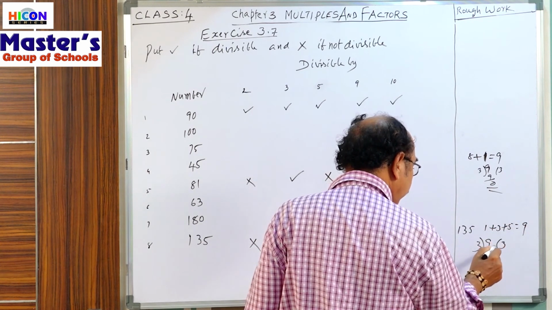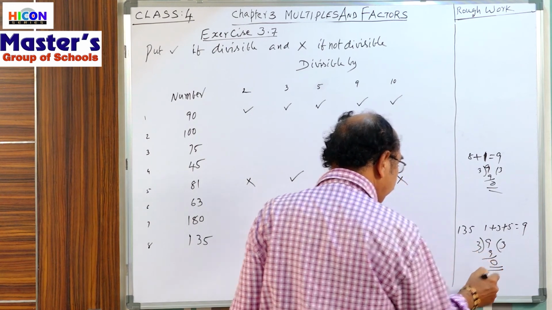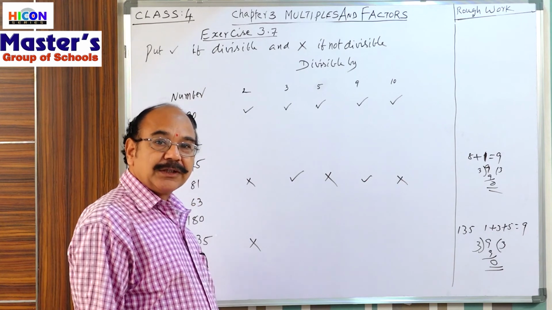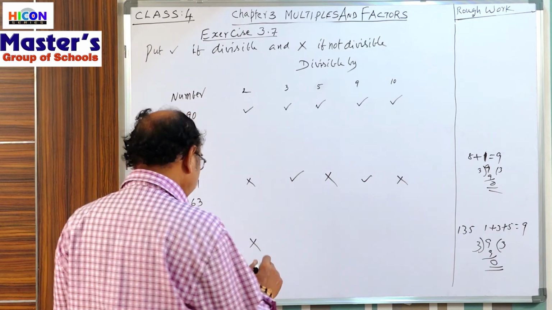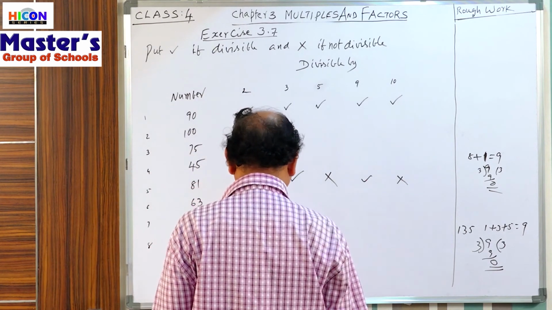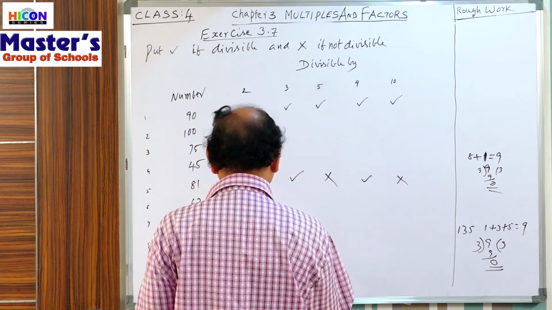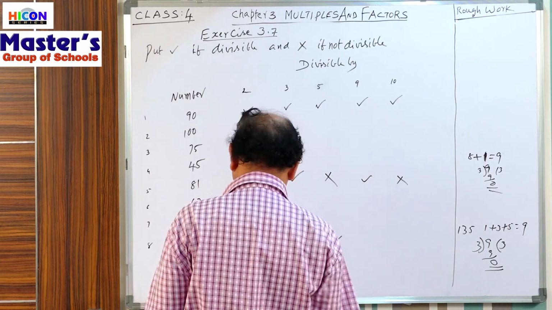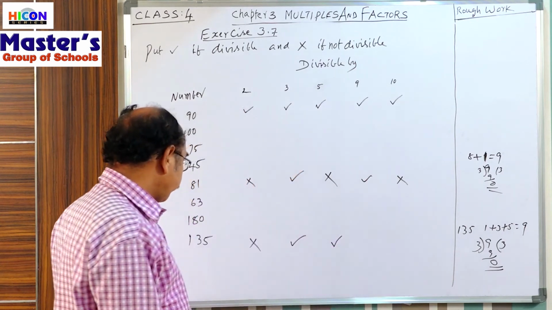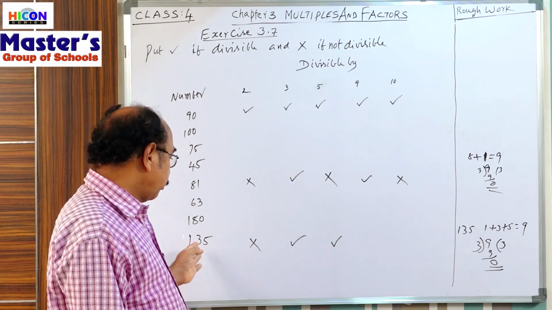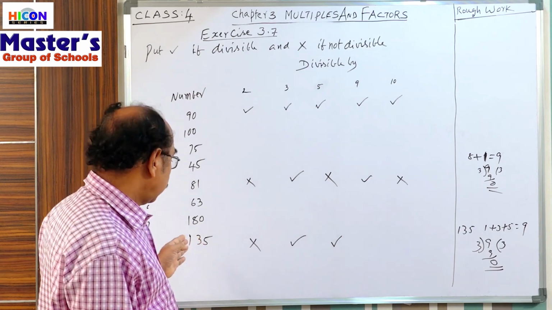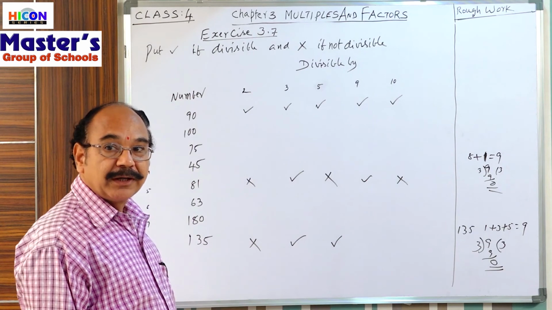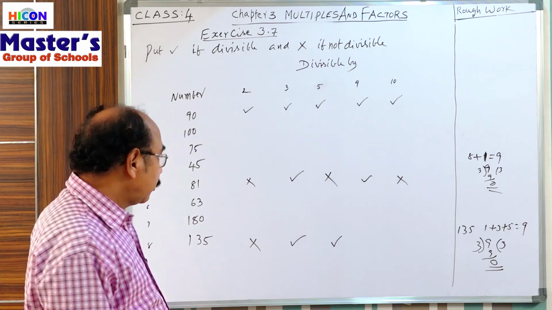That's why the number 135 is divisible by 3. That's why tick mark. Is 135 divisible by 5? Yes. So here tick mark. Why? Because the units digit of the number is 5. If the units digit is 0 or 5, then it is divisible by 5.